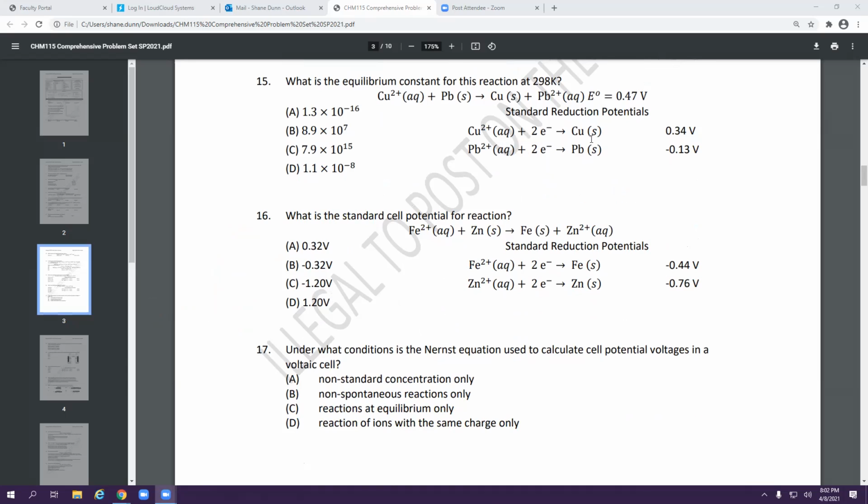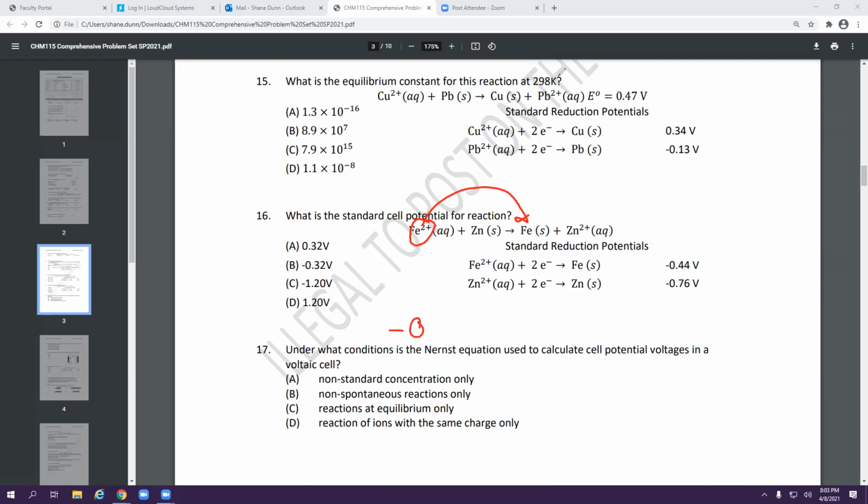Hey, 16. Now we're looking for standard cell potential, which means what? Yep. So the energy of the cathode, or whatever is being reduced, minus the energy of the anode, or whatever is being oxidized. Can we tell what's going on here? Yes, they were nice and gave us the equation. Is it being reduced or not? Yeah.